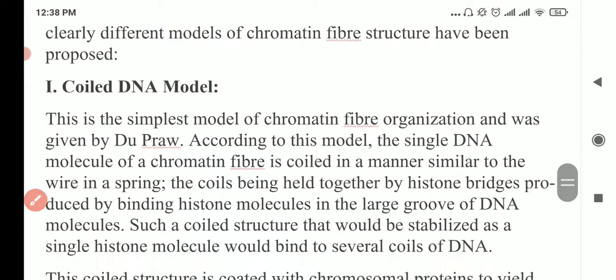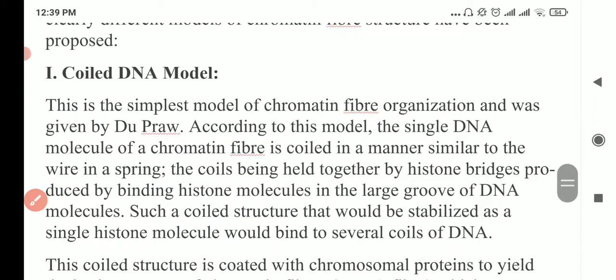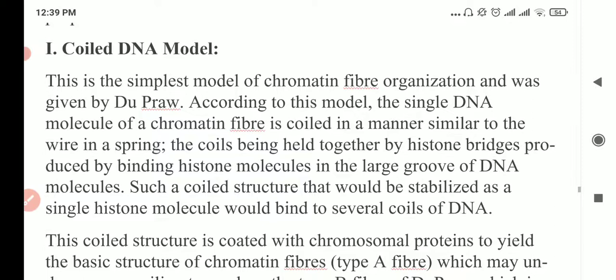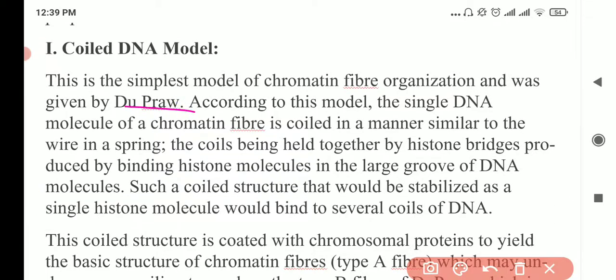So the coiled DNA model was again given by Dupuy. The single DNA molecule in a chromatin fiber is coiled in a manner similar to wire on a string. The coil will be held together by histone bridges produced by binding histone molecules in the large group of DNA molecule.